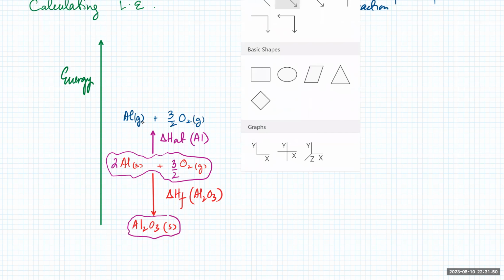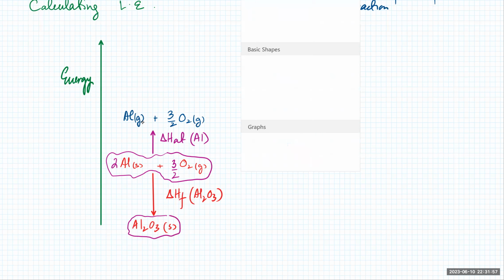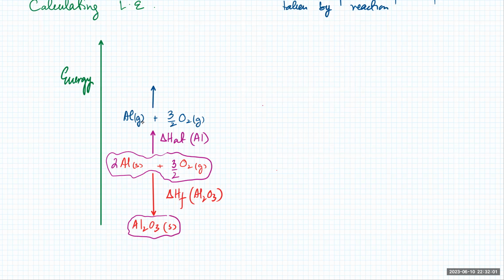Next step, I'm going to atomize oxygen. The aluminium is already done. Aluminium is already a gas, split into atoms, and there would be two of them, so the enthalpy of atomization of aluminium will be multiplied by 2.